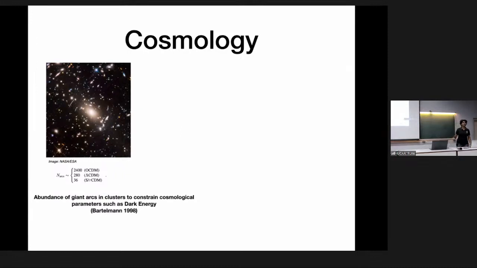So the idea is that the presence of these giant arcs are basically seen in very massive galaxy clusters. And so, based on the number of or the abundance of galaxy clusters, we can infer the number of giant arcs that can be seen.